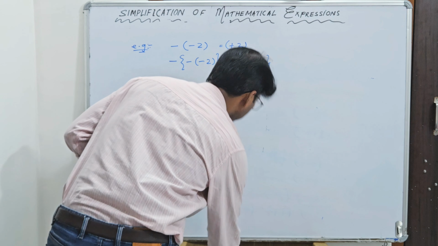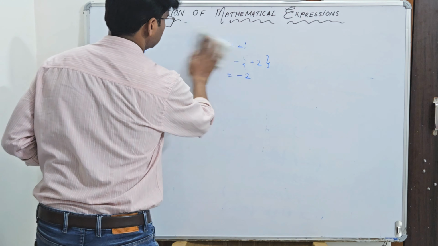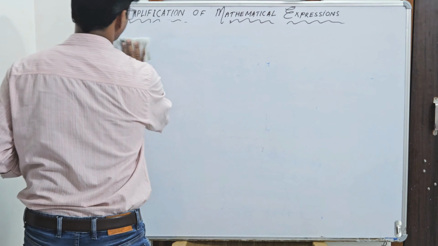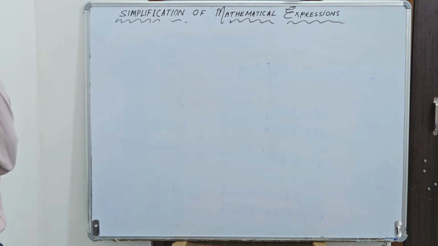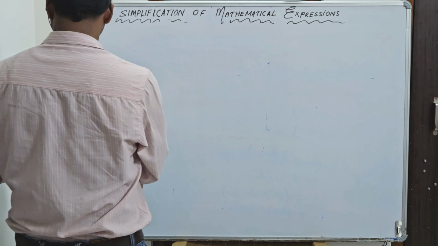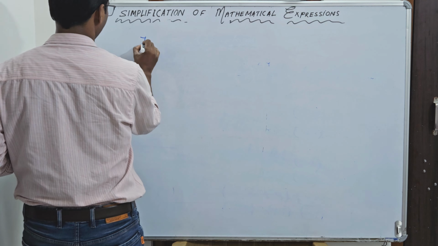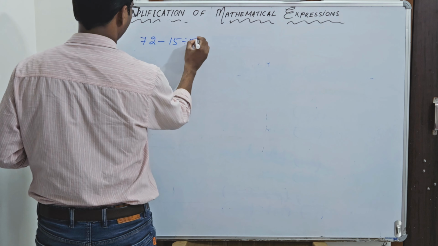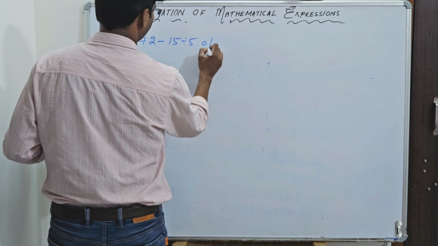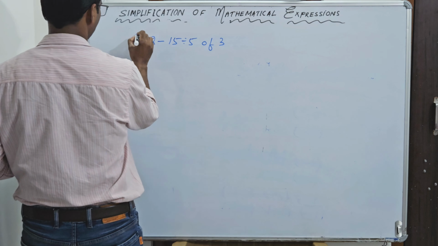Okay, so let us do a question which will be involving all types of operations with brackets. The question is like 72 minus 15 divided by 5 of 3, and here square bracket is given.